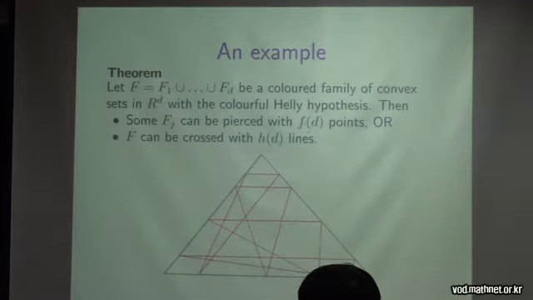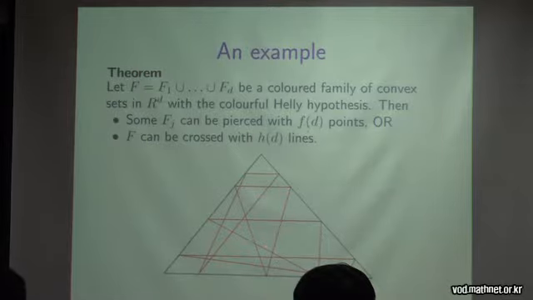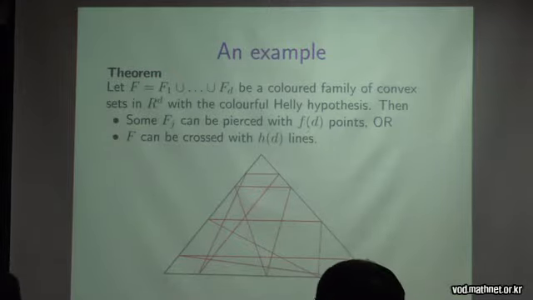So you can choose it below this region, and then choose a point here that's to the right of this one, and then you can do this again. So you want it to be below this region, so you just take this line further below and move this point over here, and you can do this forever. So you can find the family. Now I want the family to be finite, so at some point I'll stop. But I can find an arbitrarily large family of triangles here so that no three of them intersect.